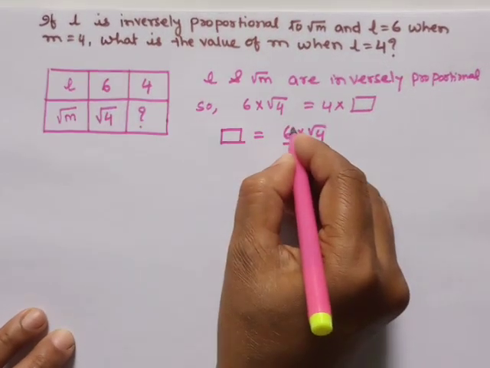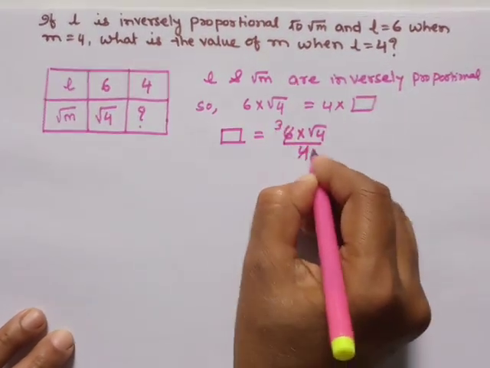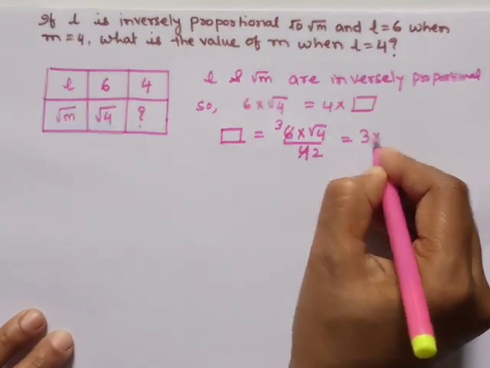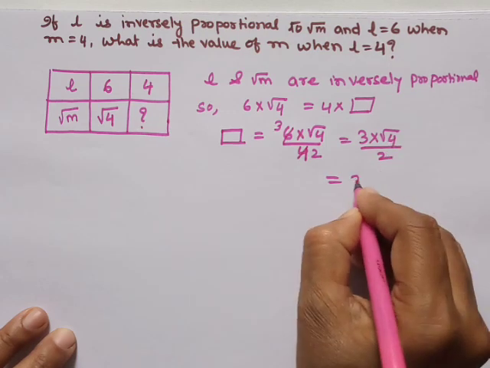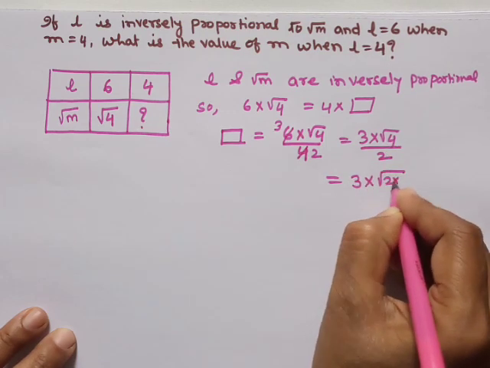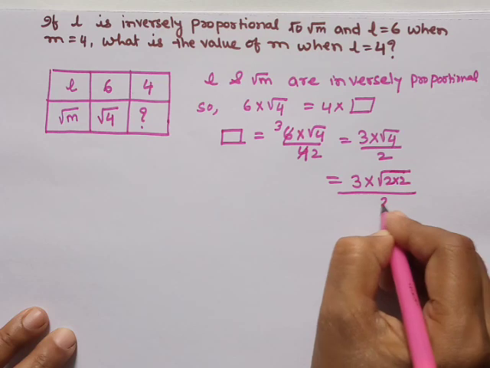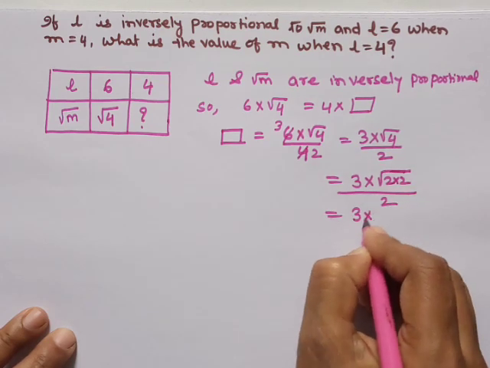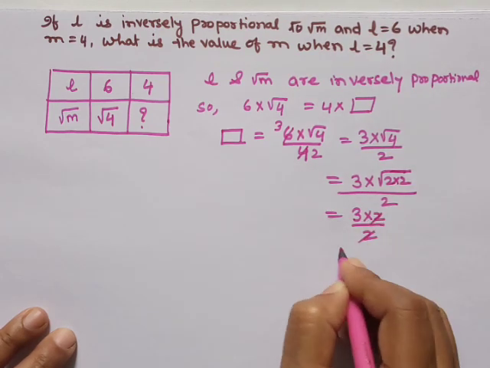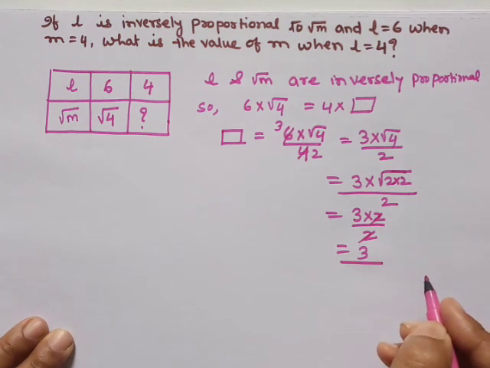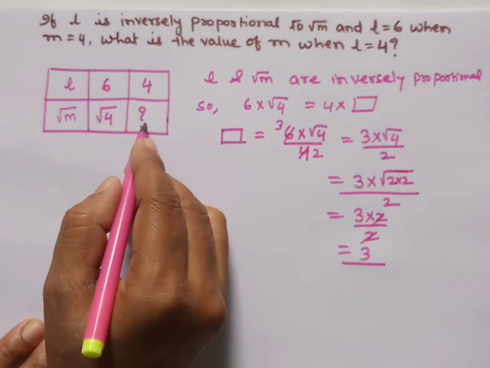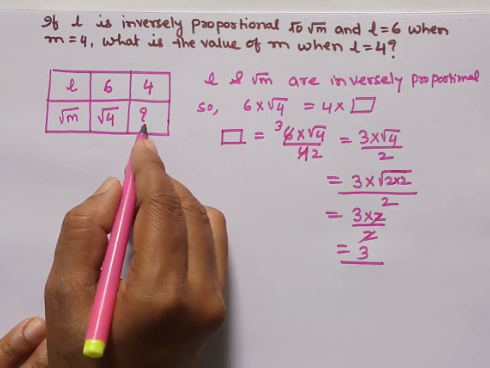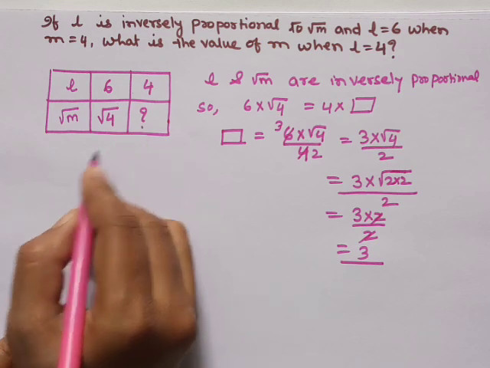Now see here, 2 3s are 6, 2 2s are 4. This is 3 into root 4 by 2. But children, I hope you know that root 4 can be written as root of 2 into 2, which is 2. Now this will become 3 into 2 by 2. So the 2s cancel and your answer is 3. That means what you got here is the value of root m.